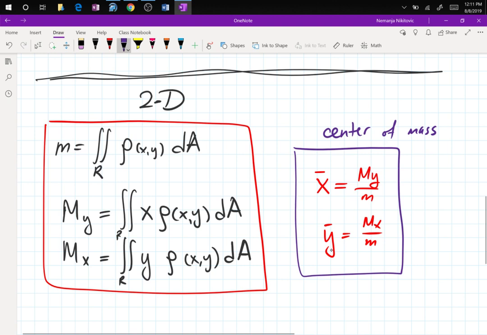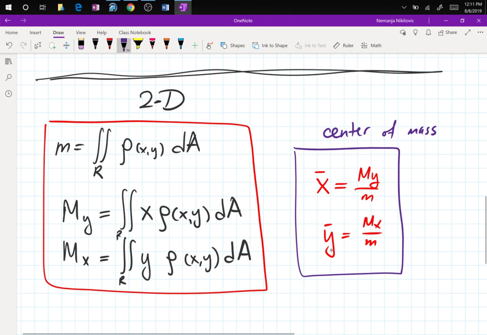So that's what this stuff is, right here. Now, for this object, if I put the x-axis, it will rotate in the y direction first and then fall. So that's why we have moment around the y-axis, moment around the x-axis, but then it's the x direction, it's the y direction, right? And you get your x bar and y bar because they go x with x and y with y, just like you had for one dimension.